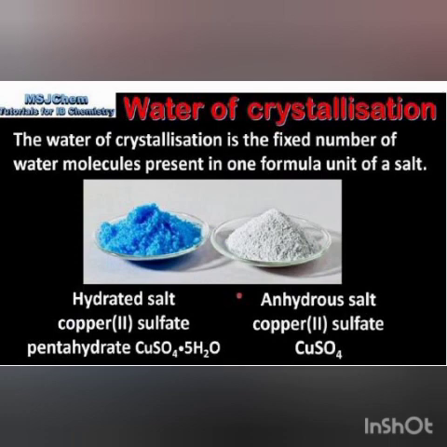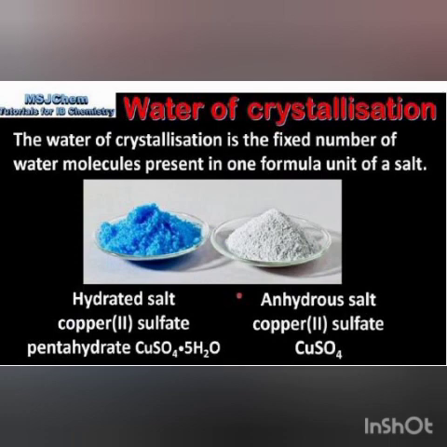So CuSO4 is one formula unit, and how many molecules of water are attached to it? That is 5 molecules of water. And this is called a hydrated salt. Hydrated salt means salt that contains molecules of water, and these hydrated salts are in the form of crystals and they have some color.